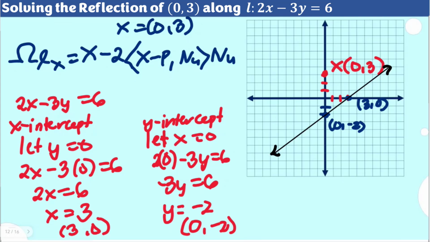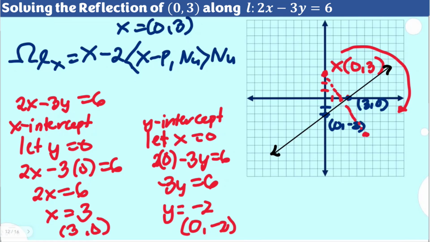So the reflection along this line is located somewhere in the fourth quadrant. If we talk about the reflection of x along this line, it will be somewhere here. Again, the reflection would have the same shortest distance, so it will be reflected somewhere here.